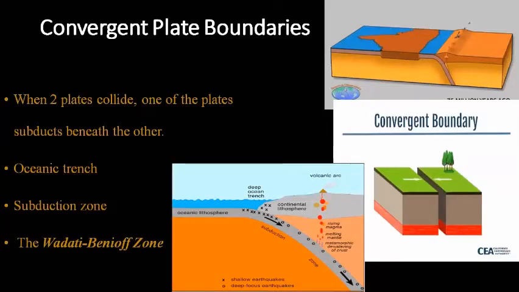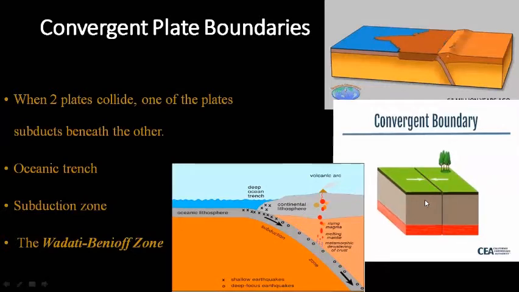Now, the next type is the convergent plate boundary. This is also called a destructive plate boundary. Over here you see that instead of going apart from each other, the plates are coming towards each other. When they come towards each other, one of the plates will subduct beneath the other.